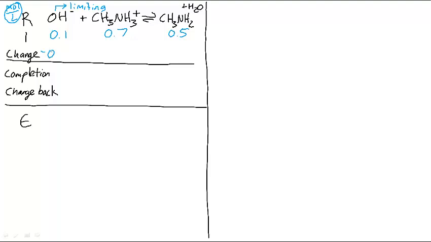So this is going to go down by 0.1 to 0. This will go down by 0.1. And this will go up by 0.1. But of course, I can't actually get to 0 OH minus in my solution.